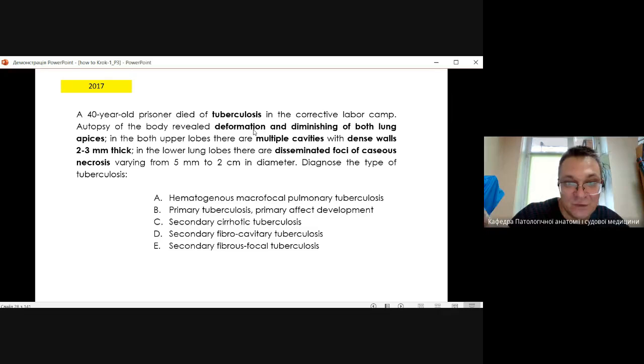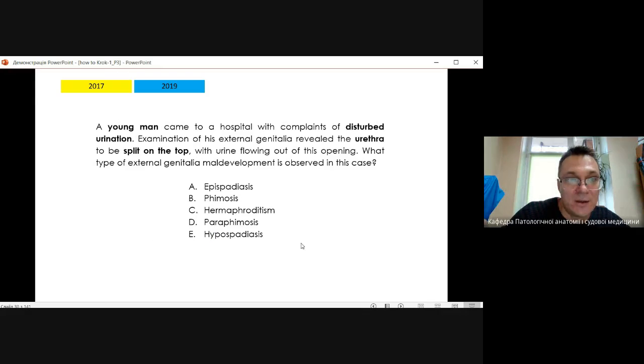But in case of cirrhotic tuberculosis, that's overtaken entire lungs. And for sure, that's not fibrous focal tuberculosis because we have to deal with the cavities. D is the correct answer.